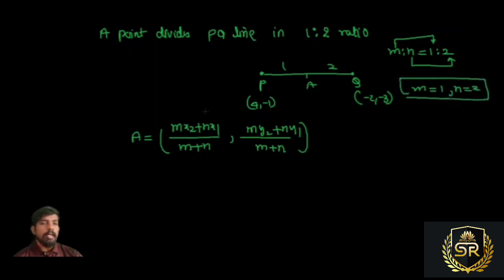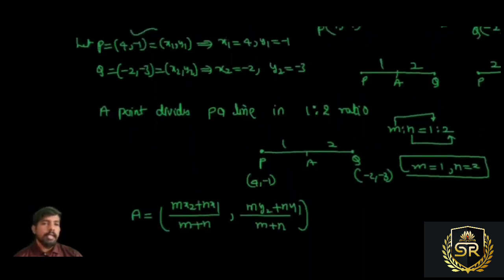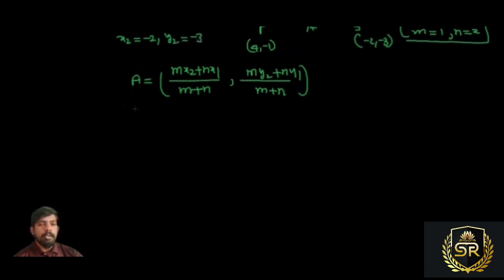The x1, y1, x2, y2 values are known, these are fixed values. Now we are supposed to substitute. Note down: x1 is 4, y1 value is -1, x2 value is -2, y2 value is -3. Now we are substituting into the formula. You should remember this formula.